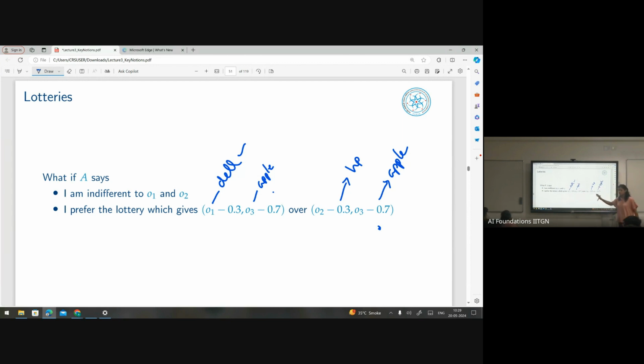But if he is choosing this lottery, can we assume that he is choosing Dell over HP? But that is not what he said before, right? He's inconsistent with his own statements. So that's why it's not a rational statement. Then we have to modify that. Yeah, that's the idea. Okay.